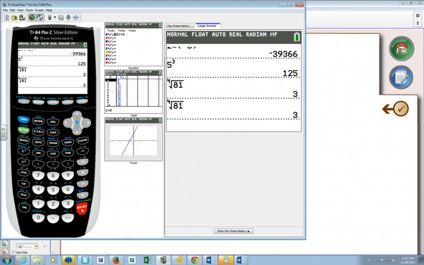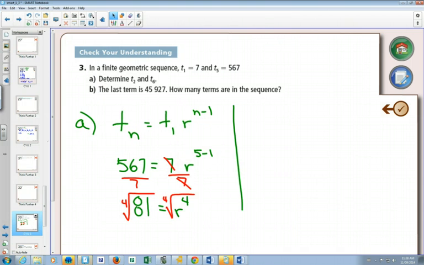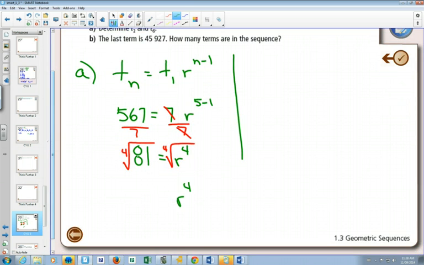Now, if you don't like using 4th roots, another way of doing the opposite of this is doing to the power 1/4, because our exponent laws would say 4 times 1/4 would be 1, and that would just be r. So if I do to the 1/4 on that side, I do to the 1/4 on this side.